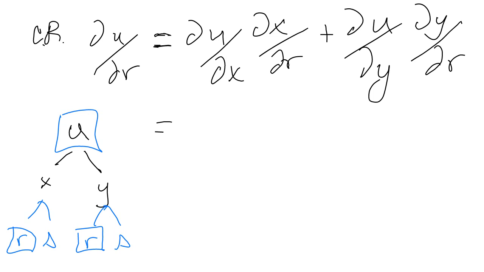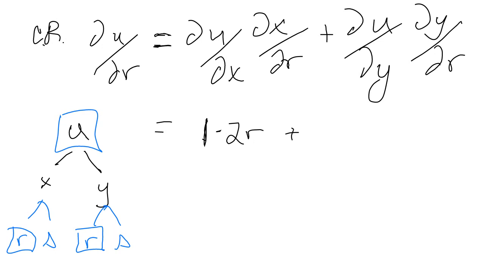The partial of u with respect to x, u was x plus 3y squared, right? So if I'm taking the partial of u with respect to x, that's going to end up being 1, because the 3y squared is a constant. And then the partial of x with respect to r, x was r squared plus s squared, so it's 2r, plus 0.